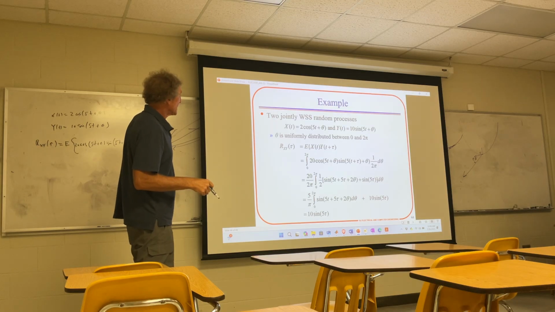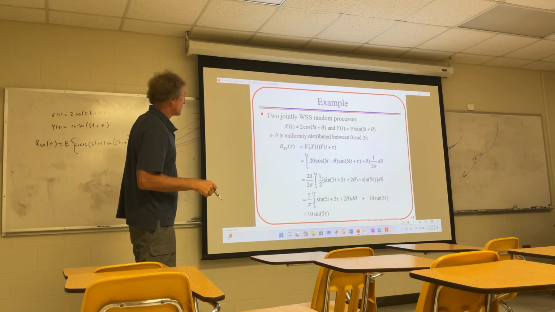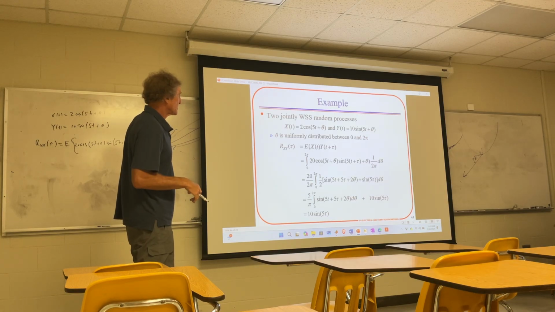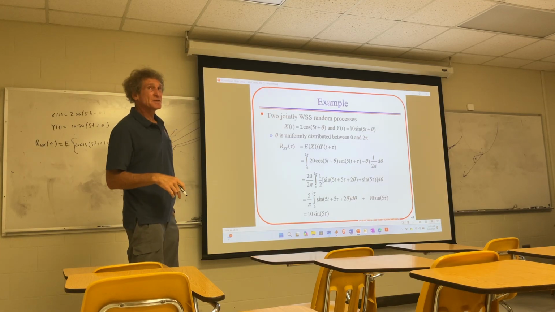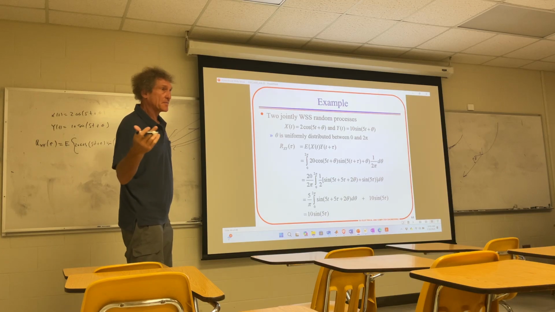And he said, 2 jointly wide sense stationary random processes. Theta is uniformly distributed between 0 and 2 pi, which gives you the statistical nature of what we're talking about.